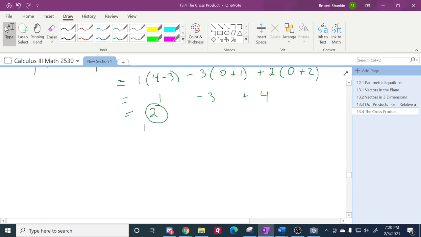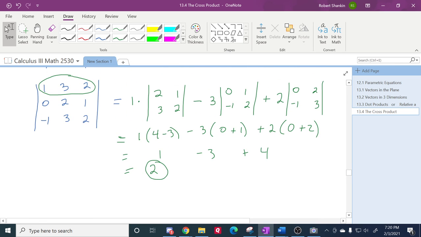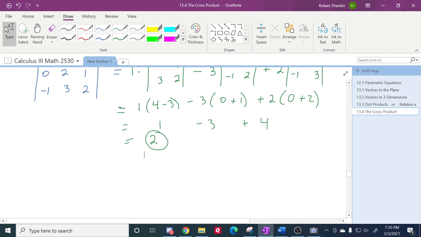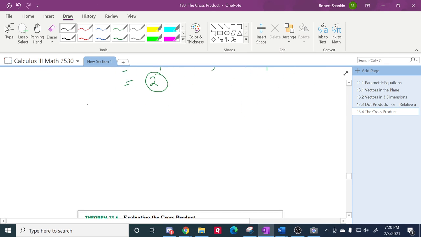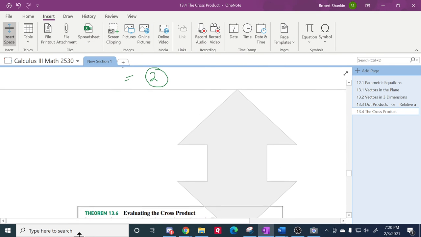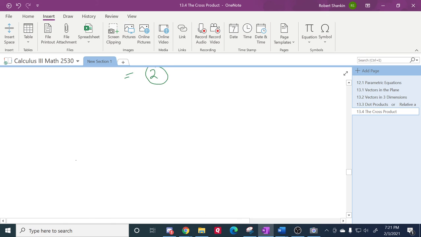Okay. Let me give you one more determinant of a 3 by 3 to make sure you have the idea. Take the determinant of that.